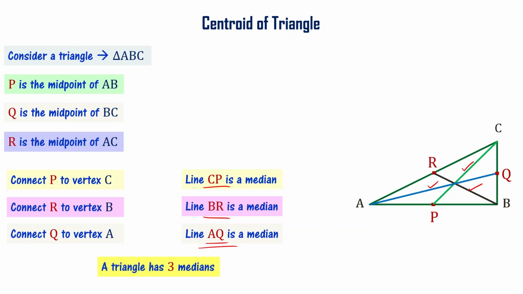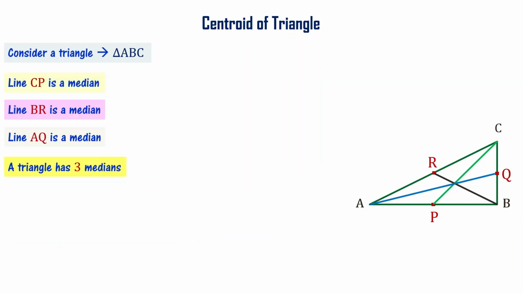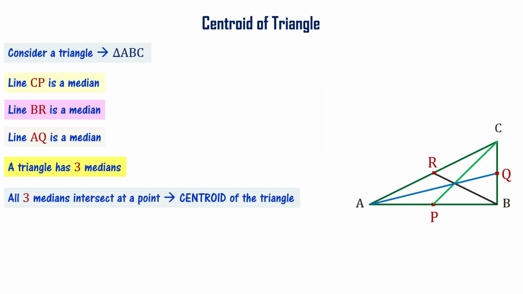So a triangle has 3 medians. Please note this. Now, you see, all 3 medians are intersecting at one point, right? That point is called centroid of the triangle.